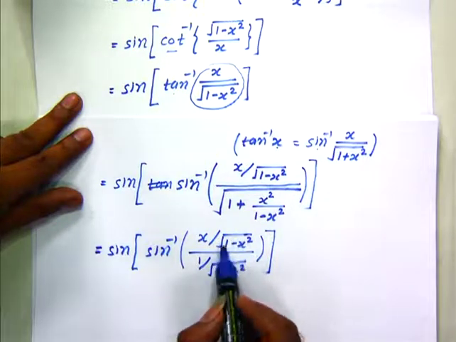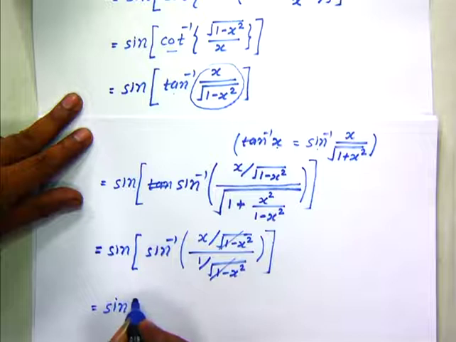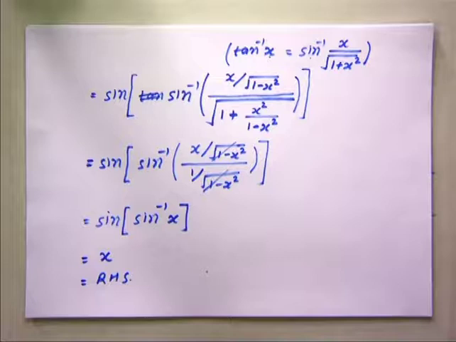This square root 1 minus x square, square root 1 minus x square will be cancelled out, and so we have sine of sine inverse x upon 1 is x, and this is nothing but x, which is the required result, which is RHS. So we have proved this result.